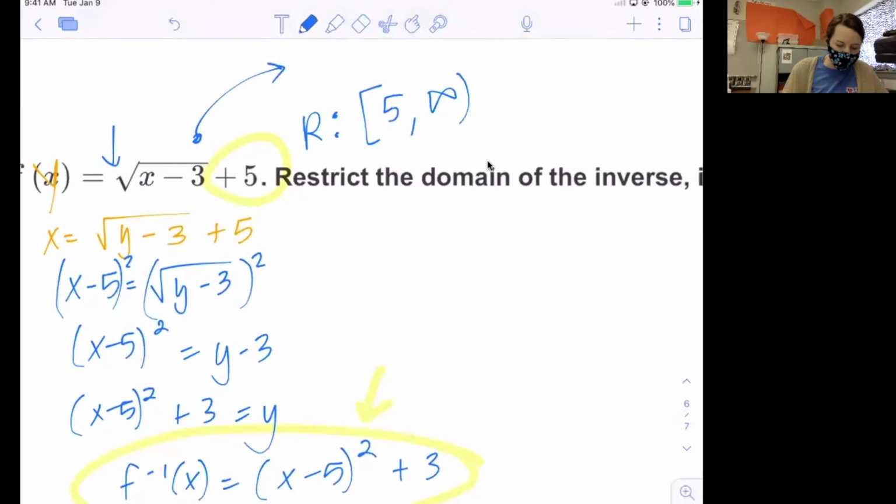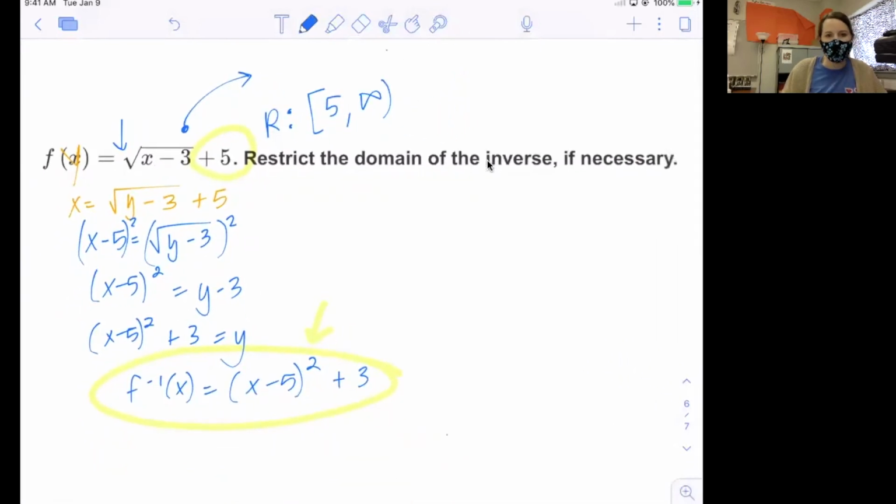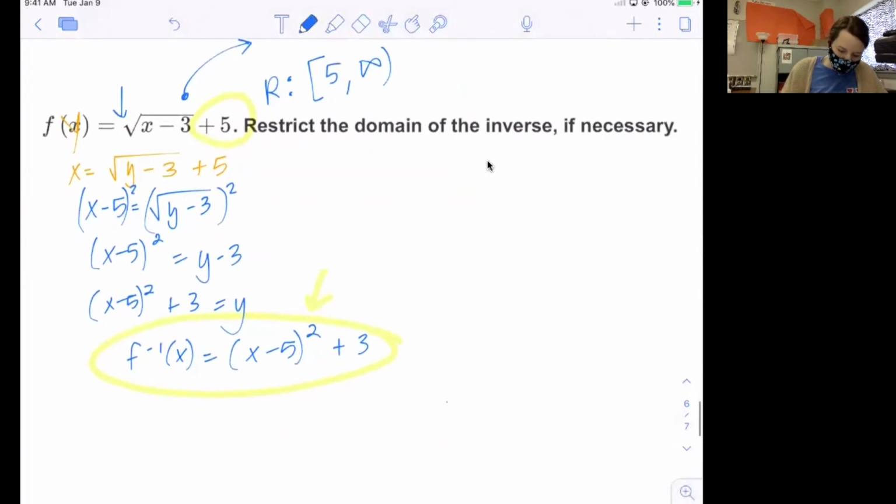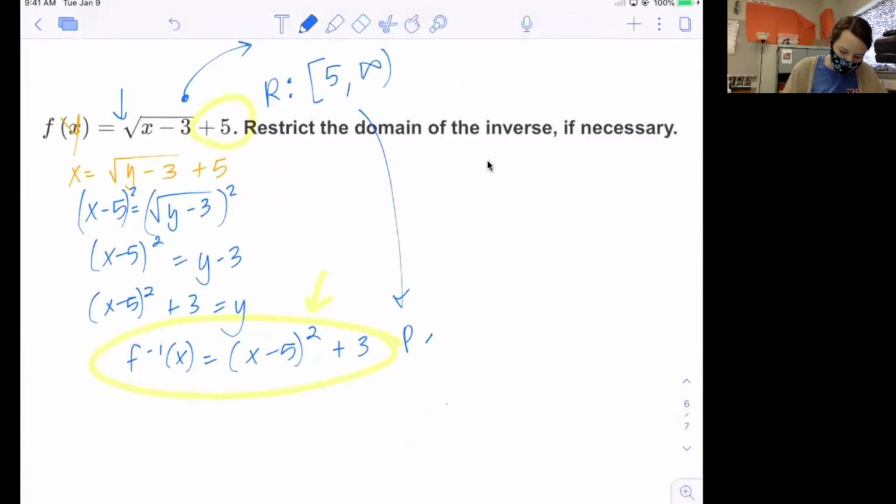If we're going down, you would need to make it less than that value. So our restricted domain is x greater than or equal to 5, or from 5 to infinity.